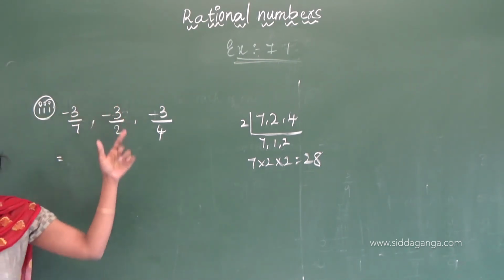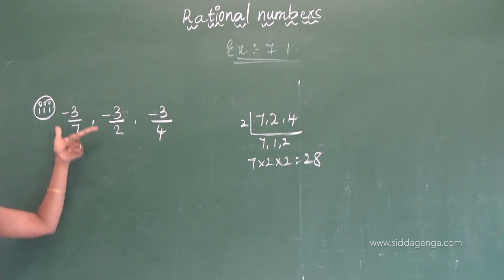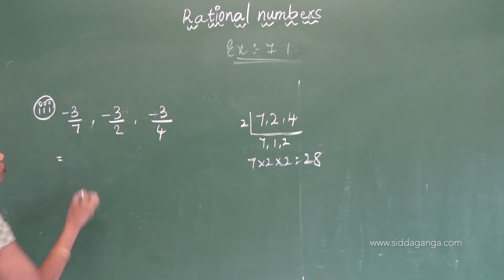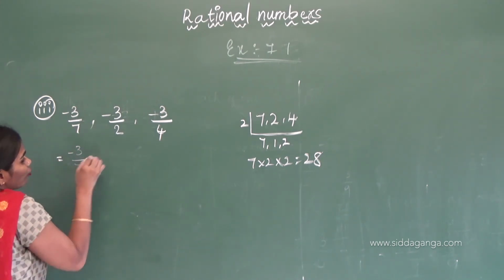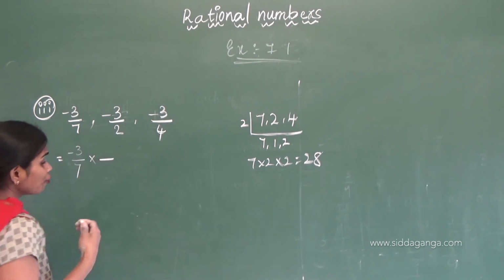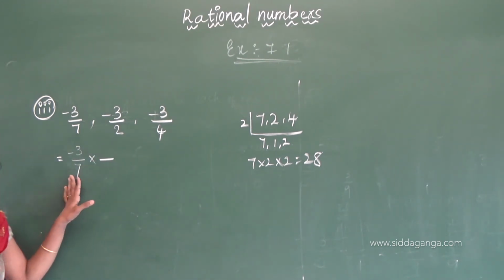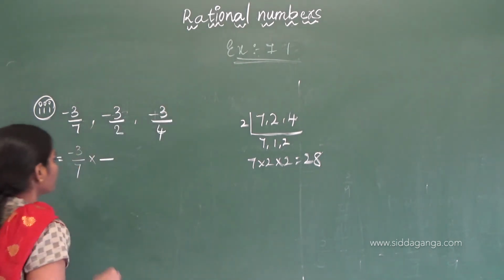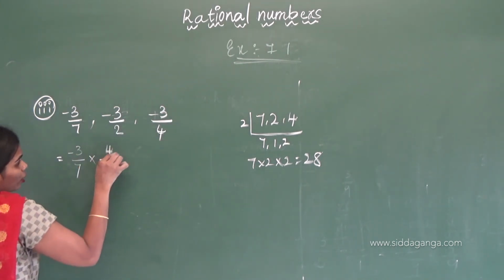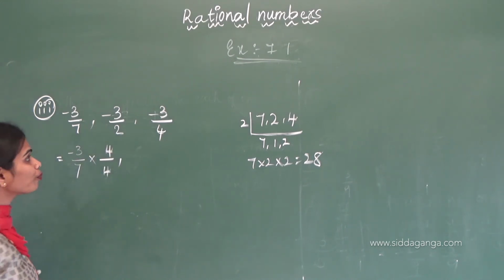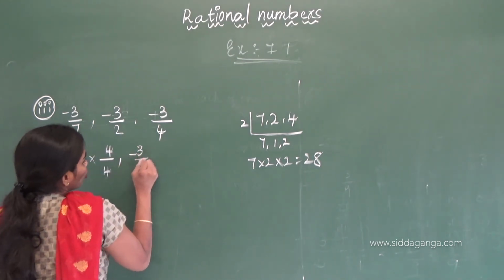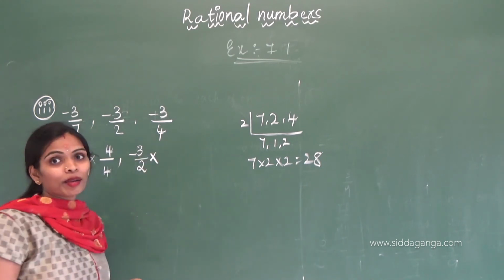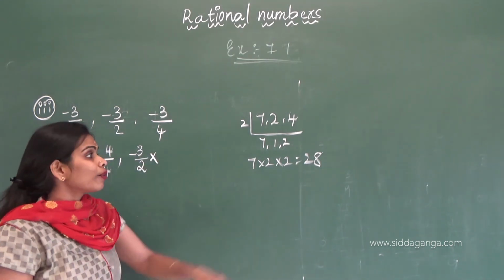Given rational numbers, next equals minus 3 by 7. If you multiply 7 with which number will we get 28? Obviously 4. That's why I am multiplying numerator and denominator with 4. Minus 3 by 2. Which number is multiplied by 2 to get 28?